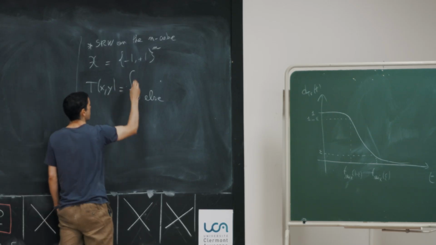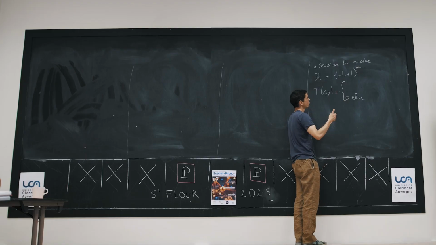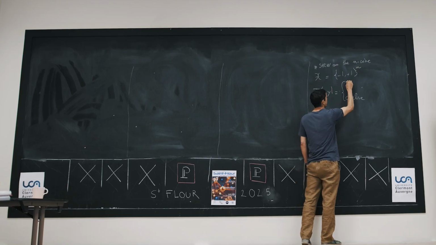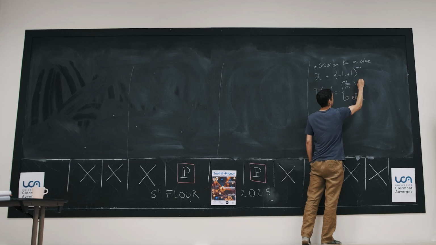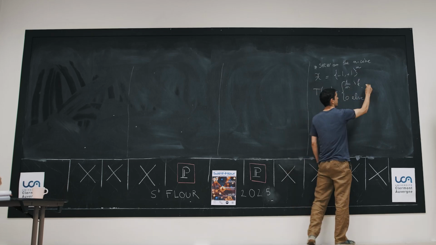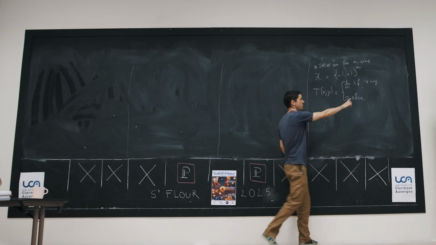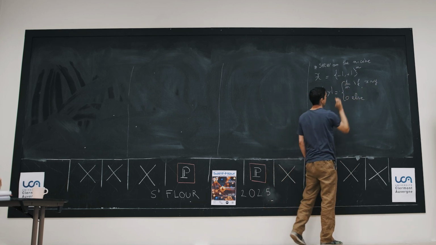And you do this uniformly. So when your clock rings, you just pick a coordinate uniformly at random and you change the sign. So it's 1 over n if x and y differ at exactly one place and 0 else. This notation means that x and y differ by exactly one coordinate.